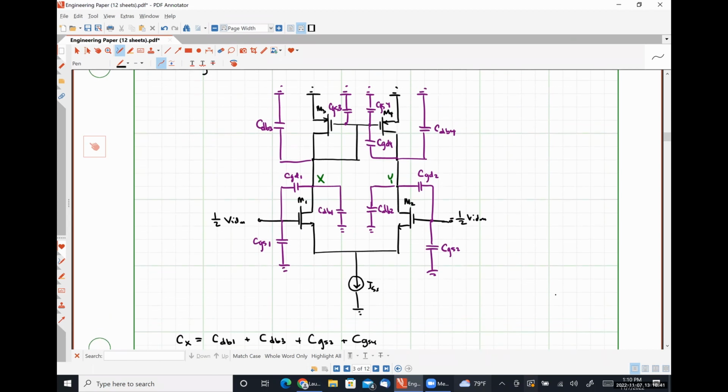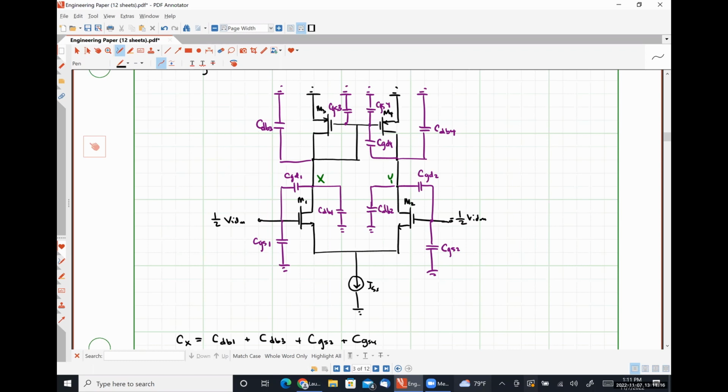Okay, but there's one more capacitor that we need to consider here, CGD1. So CGD1 is a feedback capacitor between the input of M1, the gate, and the output of M1, the drain. By using Miller's theorem and treating this small stage as effectively a common source amplifier, we can refer CGD1 or some portion of CGD1 to the output.